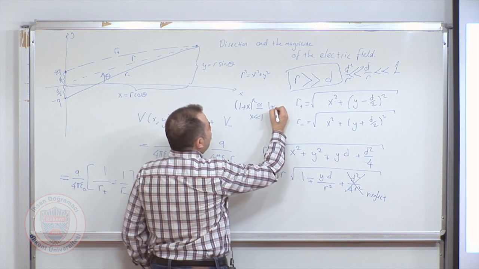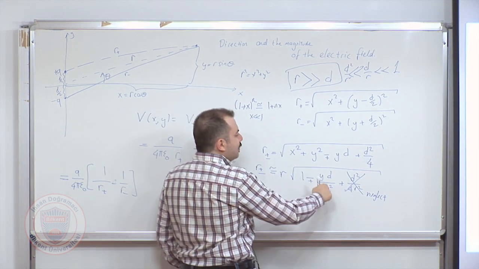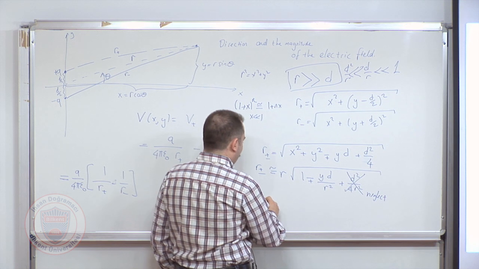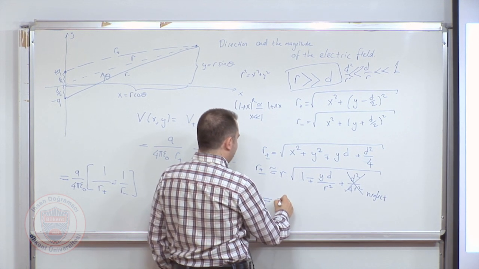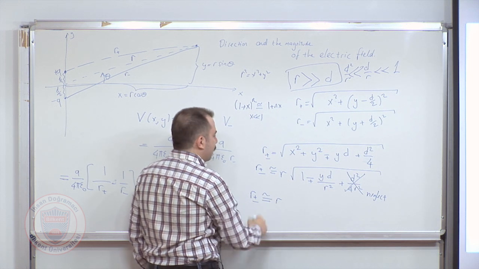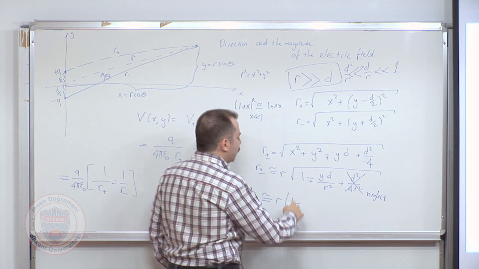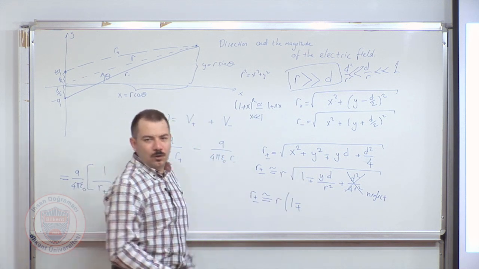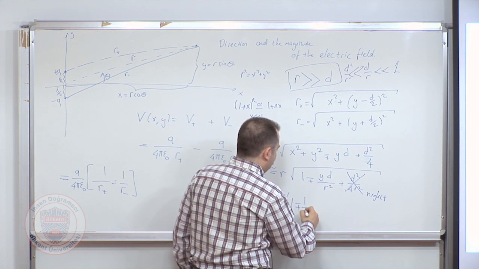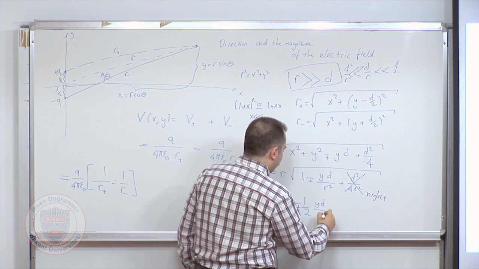It was 1 plus nx. So I'm going to say yd over r square is very small. So this r plus minus is r times approximately 1 minus plus, with the square root as power 1 over 2, y d over r square.